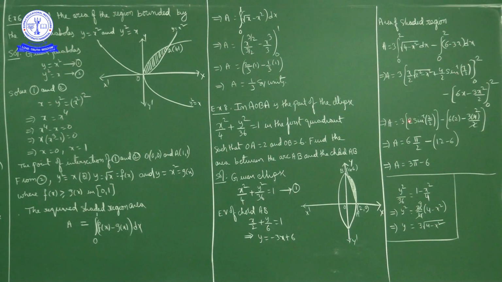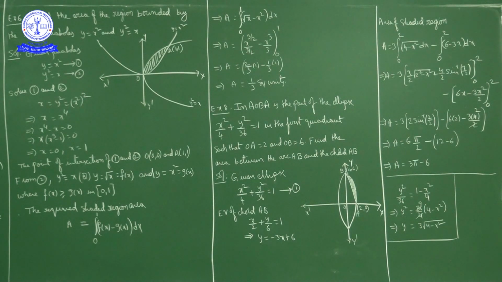So 3 into 2 into pi by 2, nothing but 3 pi. So this part value is 3 pi minus, now by substituting 2 here, what will we get? 12 minus 3 into 4 by 2, so nothing but 6. 12 minus 6 is 6. So minus 6. So the final answer is 3 pi minus 6.